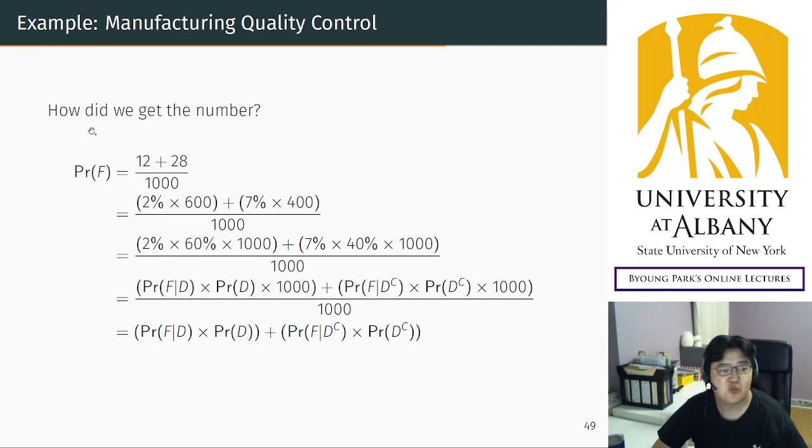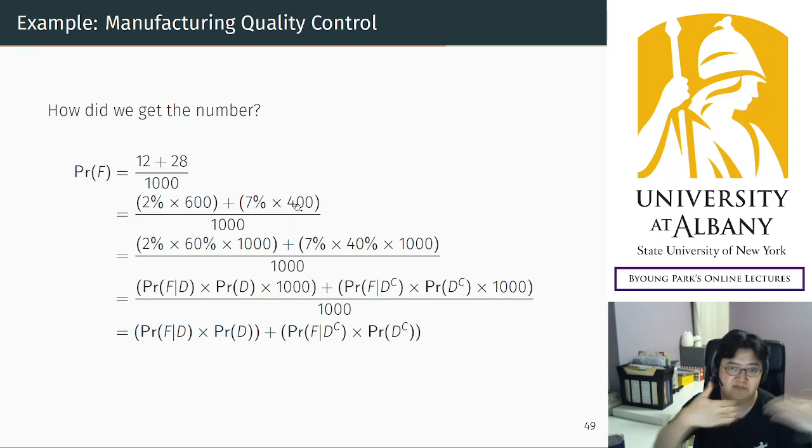So we just learned that the probability of defective batteries was obtained in this way. Out of 1,000, there were 12 plus 28, 12 domestic and 28 imported defective batteries. And how did we get these numbers? 12 was calculated as 2% of 600, and 28 was 7% of 400, right?